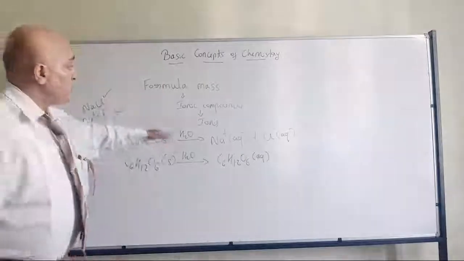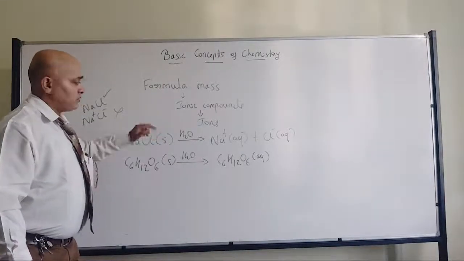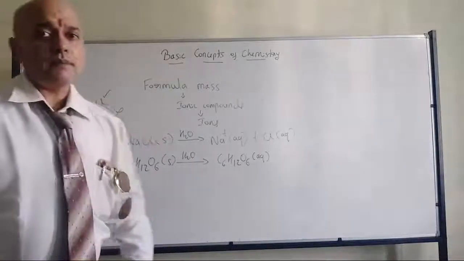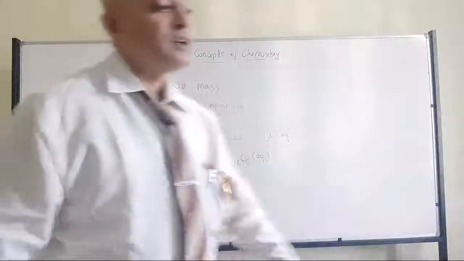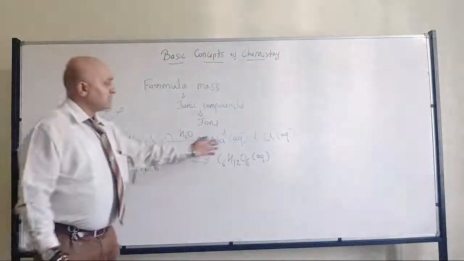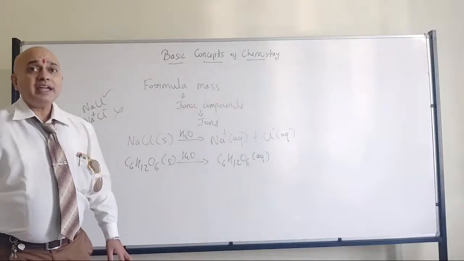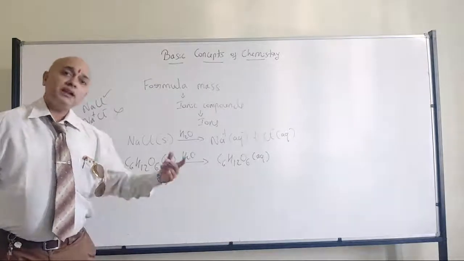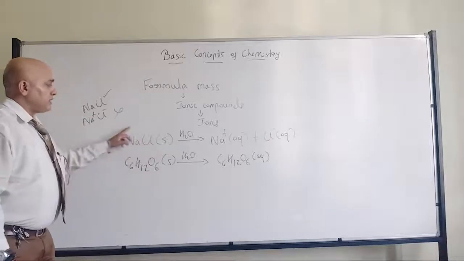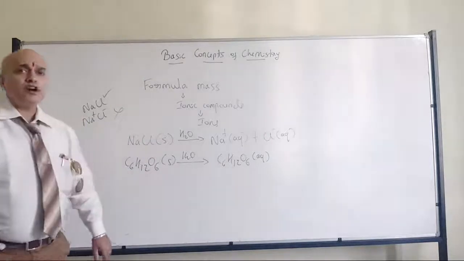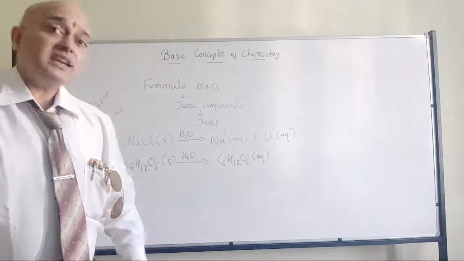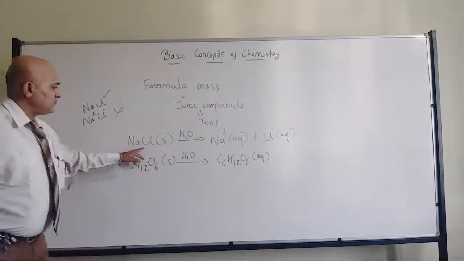So therefore, for this type of compound, we will use the word formula mass, because if I go with aqueous condition, I cannot have NaCl. It is Na+ and Cl-. So therefore, I will take the help of the molecular formula and calculate the mass. The method is the same. How to calculate NaCl molar mass?